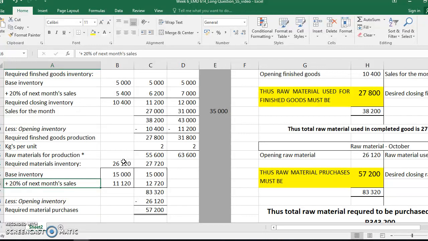So next month's production is 55,600, which we've worked out already previously, and so 20% of 55,600 is 11,120. When you add that together, you get 26,120, and that's your opening stock.